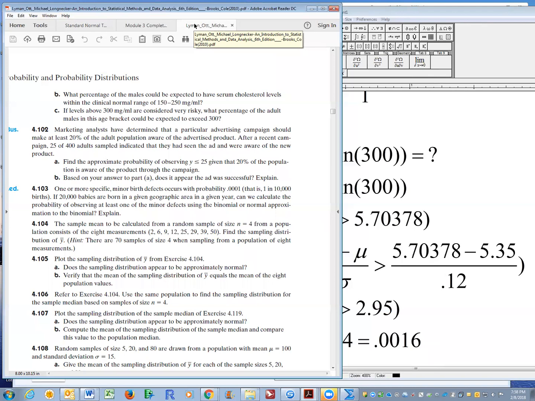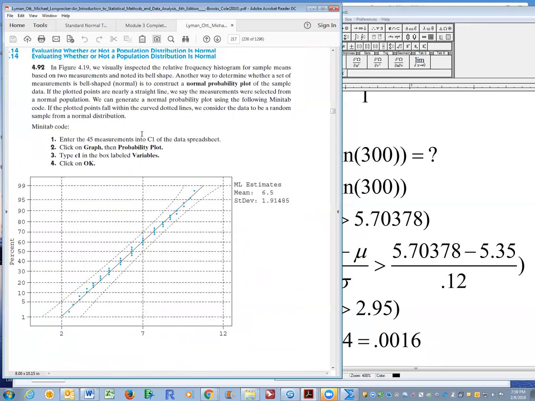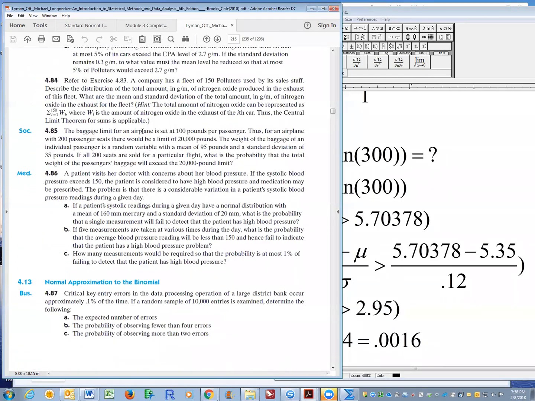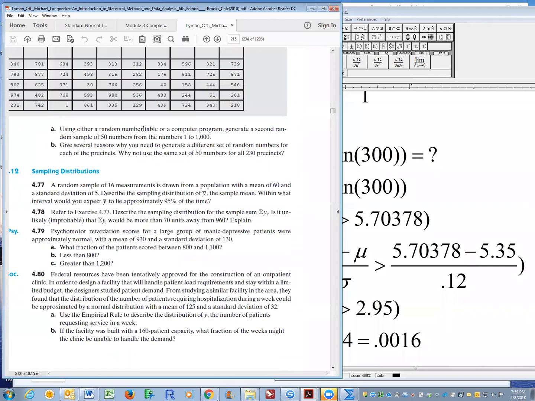Dr. Riggs, I'm having trouble with 5B, which is 80, it looks like. I got the first three correct.